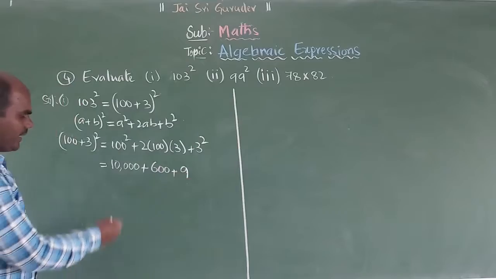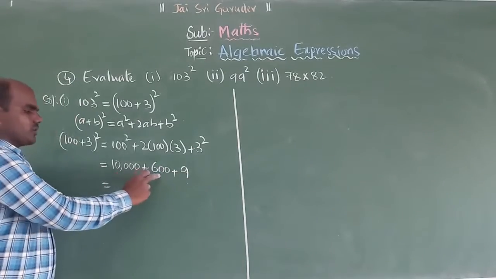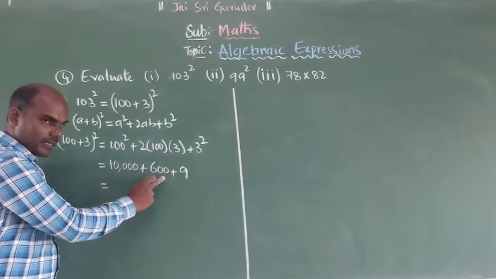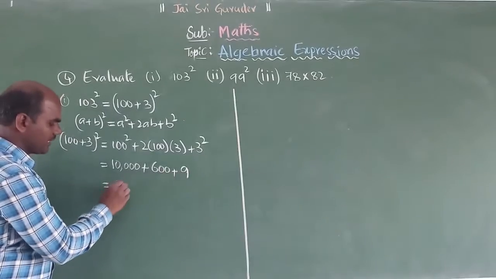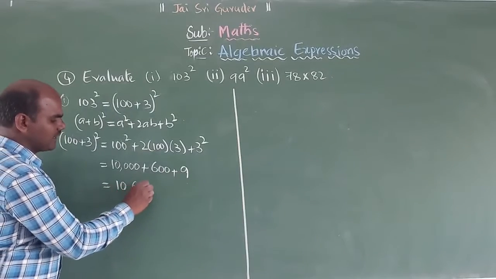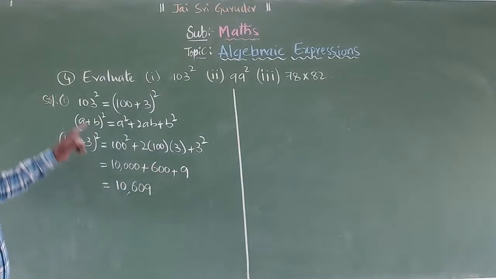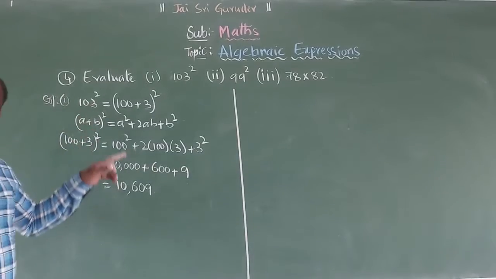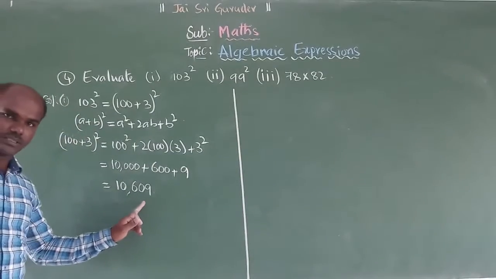So 10,000 plus 600 is 10,600, plus 9 means 10,609.